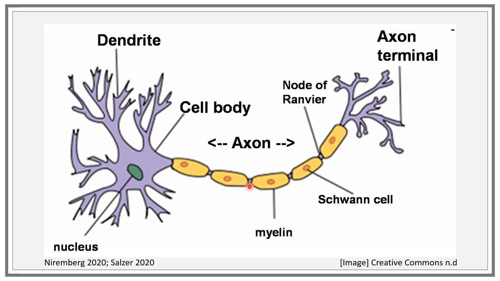Sodium channels and potassium channels, sodium channels first, and then potassium channels open, depolarize, potassium channels open, repolarize, and the action potential will quickly propagate down the length of the axon with potentials bopping along at the nodes of Ranvier.